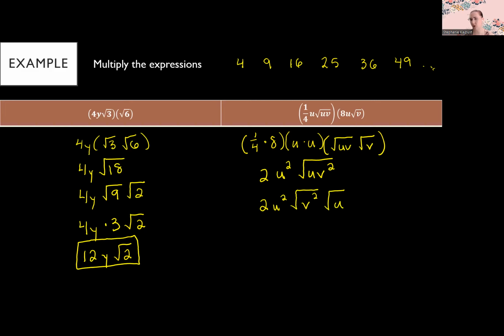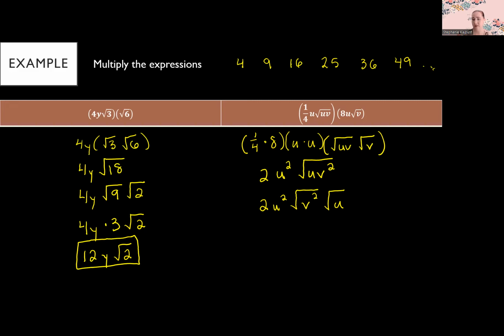So just like we did with the numbers where you split it up into something you can take the square root of and the leftovers, we do the same thing with the variables. So the V squared I can single out because I can divide that exponent by 2. That means I can take the square root. But the U I can't, so that's just kind of there. So the square root cancels out the 2.